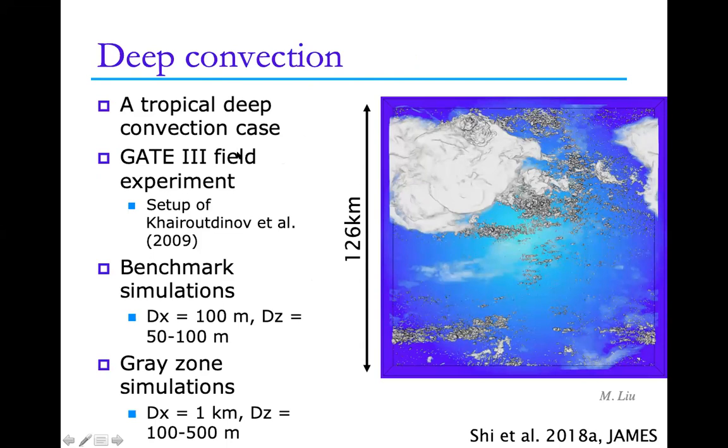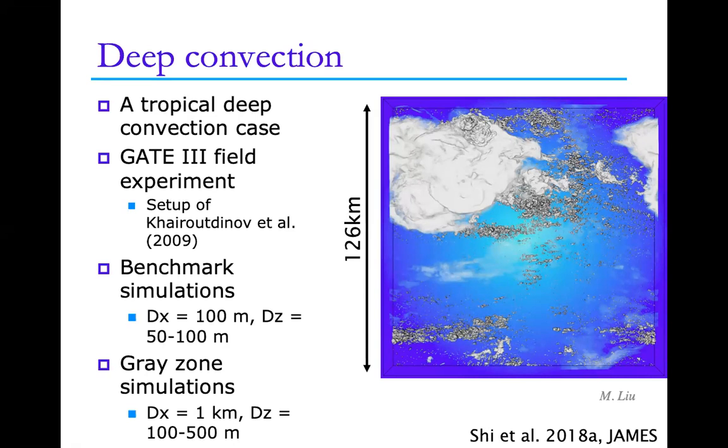The deep convection case that we simulated is from the GATE 3 field experiment, and we followed the setup of Khairoutdinov et al. The benchmark simulations are with a horizontal resolution of 100 meters, vertical resolution of 50 to 100 meters. And then we looked at gray zone simulations where we coarsened the grid to 1 kilometer in the horizontal and 100 to 500 meters in the vertical.